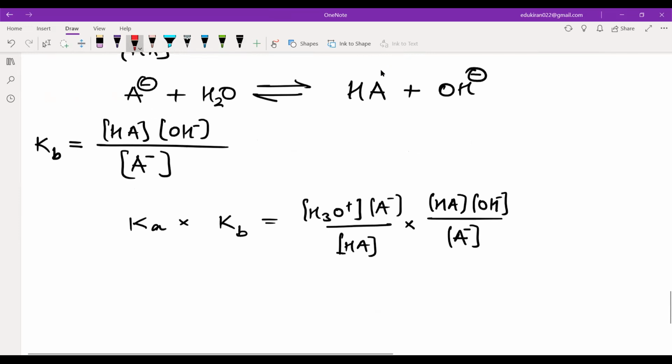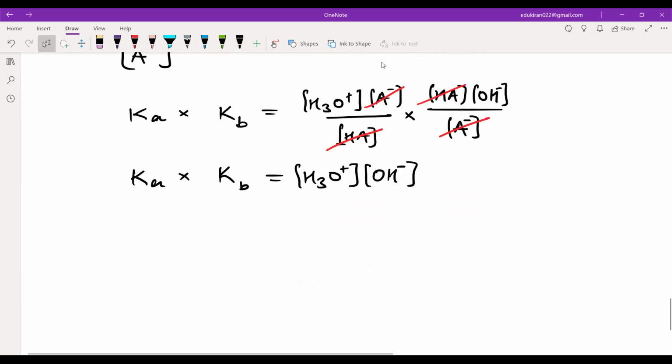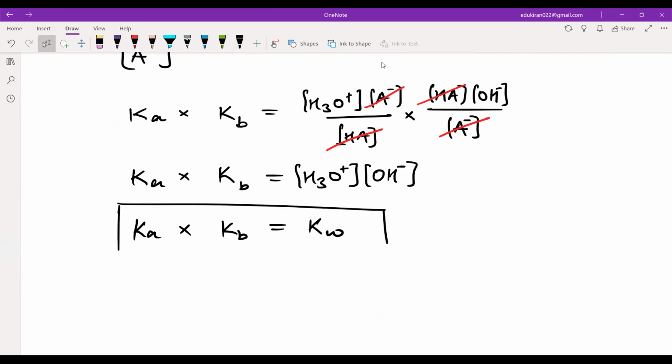From here you can see that we can cancel a few terms. A negative and A negative cancel out, HA and HA cancel out, and then you will get Ka into Kb equal to the concentration of H3O positive into the concentration of OH negative, right? So what is this? Ka into Kb is equal to Kw. That means I can also write Ka into Kb is equal to 10 to the power minus 14.